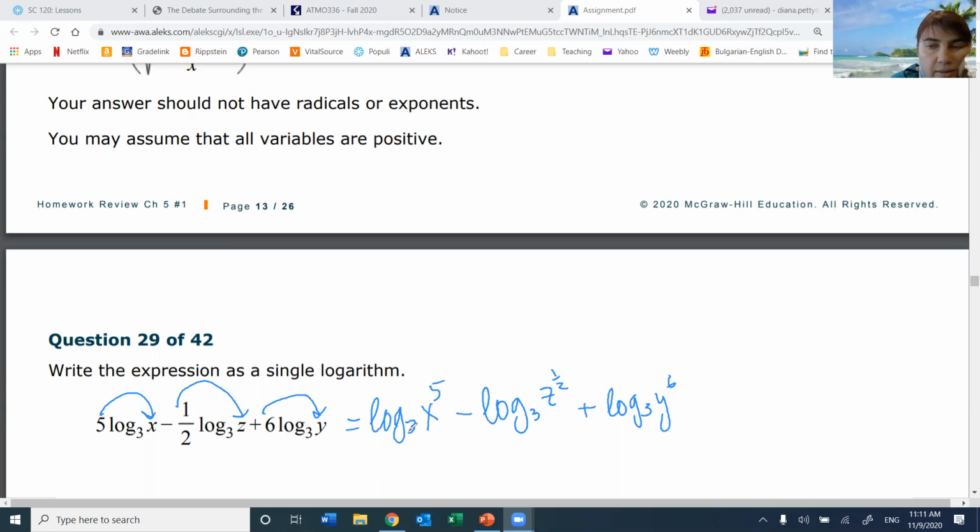So then combining. x^5 on top. This on the bottom. We can put a square root there. And on top we have y^6. That should be it.